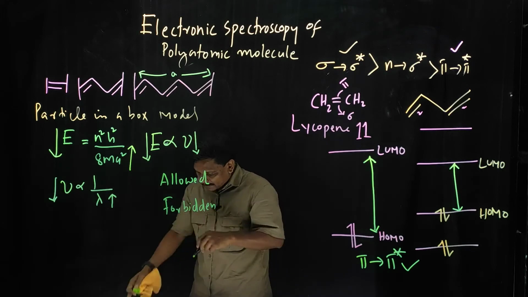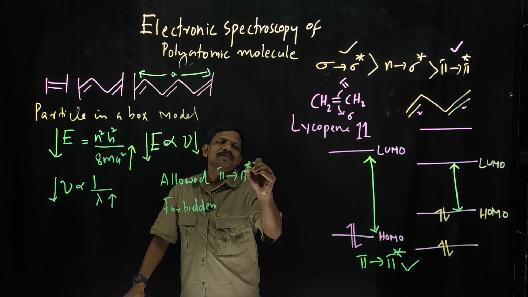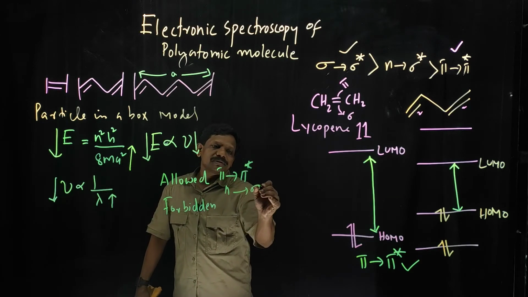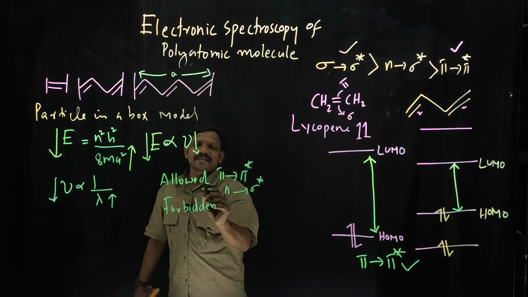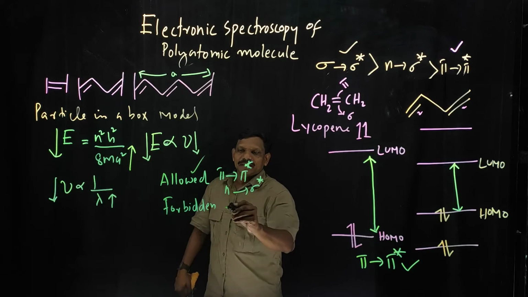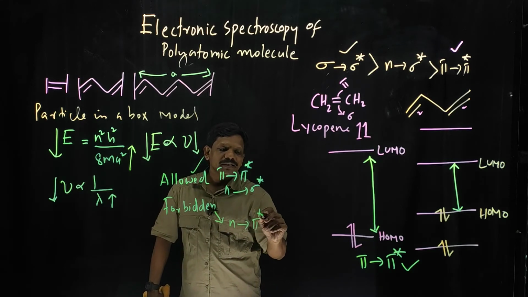Among these, the pi to pi star transition and n to sigma star transition are categorized as allowed transitions, and the forbidden transition is the n to pi star transition.